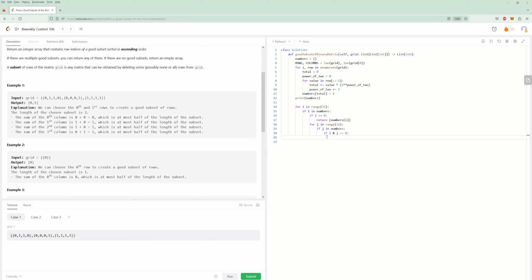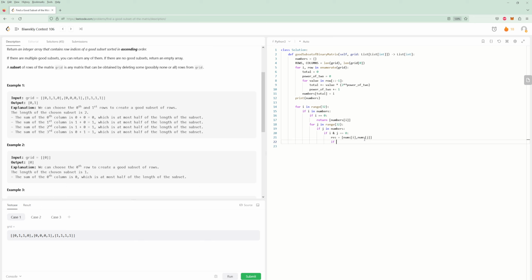So let's just say res equals nums i, nums j. And then we need to return them in ascending order, so we can just take these two numbers, and if j is greater, we can swap them.